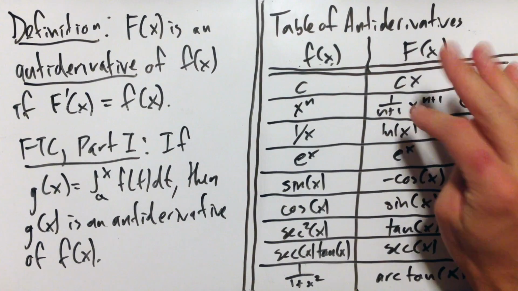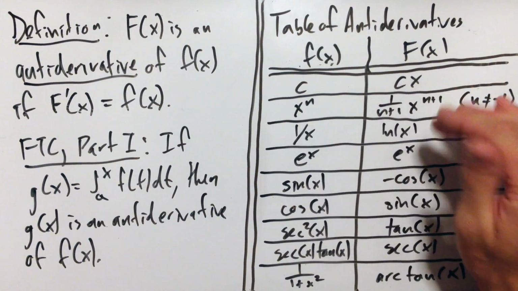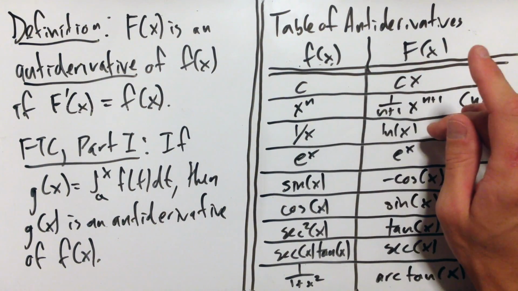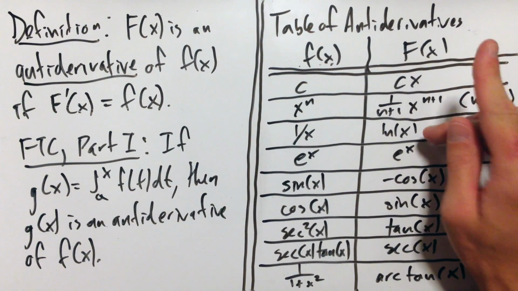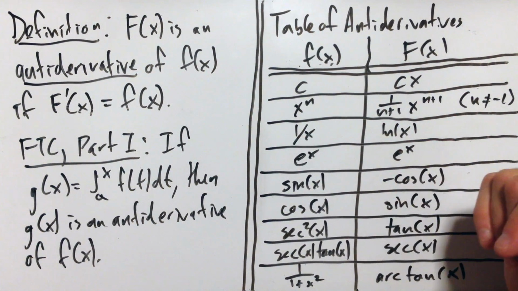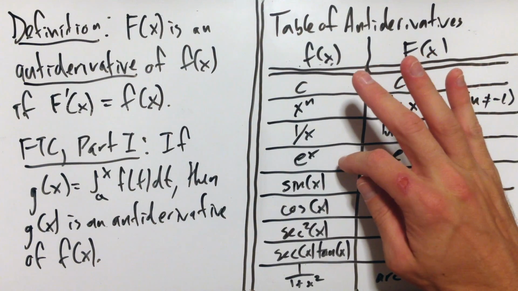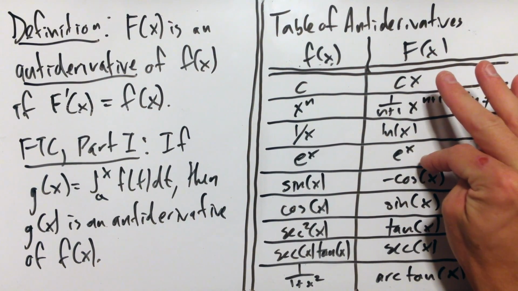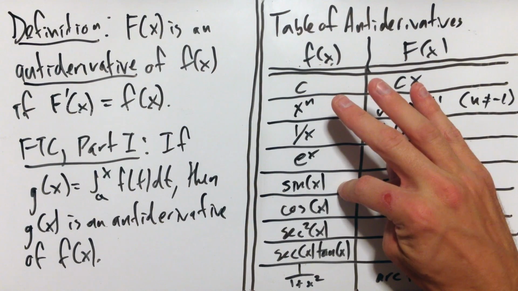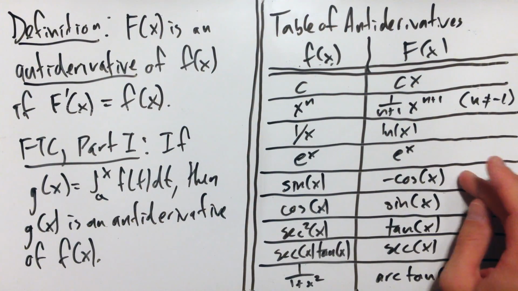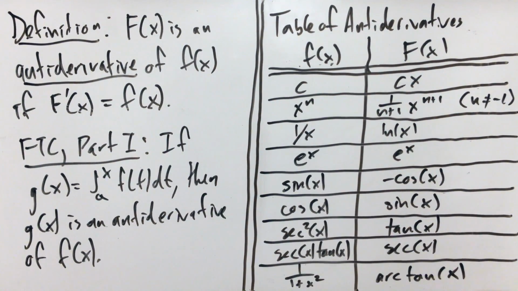So this works. And for positive values of x, just take the derivative and you'll see, yes, the derivative of log of x is 1 over x. Great. The antiderivative of e to the x is, well, one of them is e to the x. An antiderivative of sine is negative cosine. Just take the derivative to convince yourself that's the right way. An antiderivative of cosine is sine.